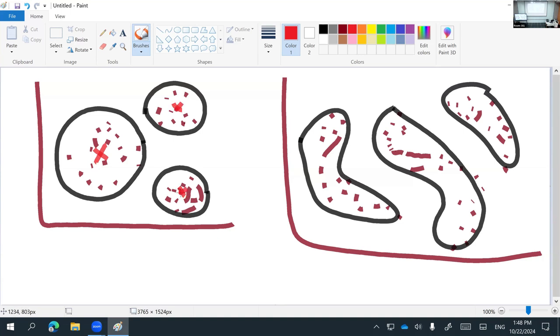Would you agree that for every point in this cluster, it's closest to this cluster center than it is to the other? So that's the hint right there. This kind of clustering algorithm is based on distance, global distance.